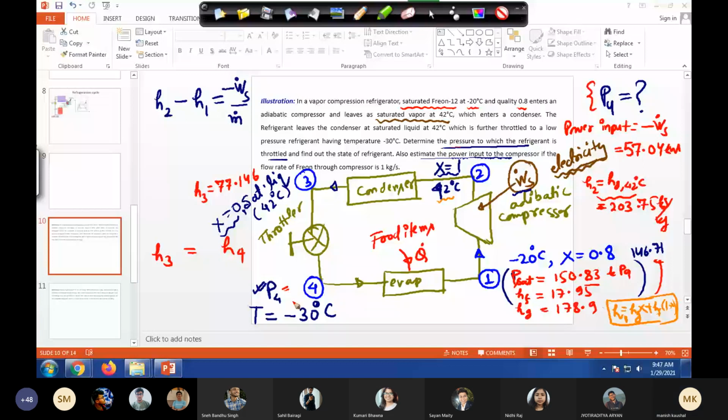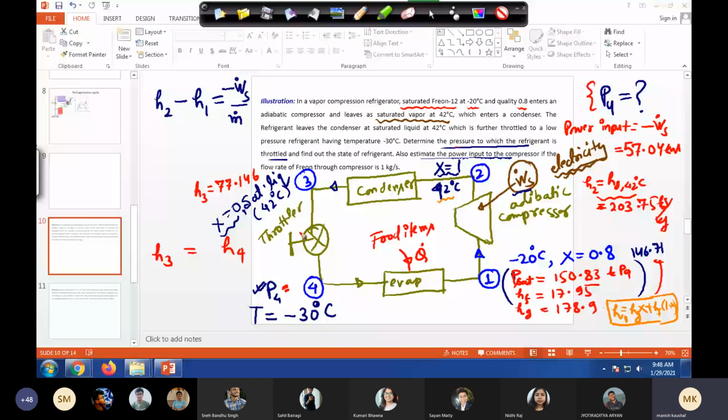Since it's getting throttled, we will get a liquid vapor mixture. Okay. So since we'll get a liquid vapor mixture, let's see that there is no mistake. Since we are throttling it, it will be a liquid vapor mixture, no doubt.